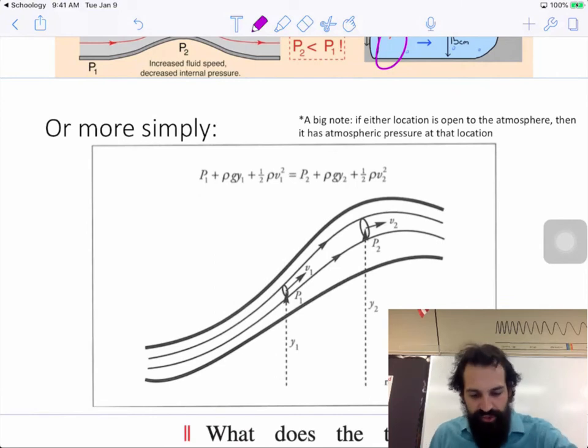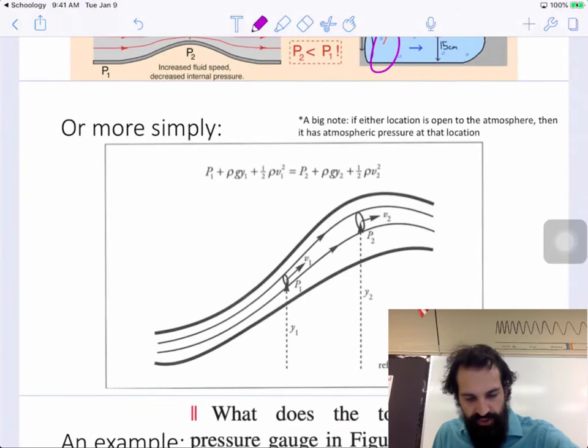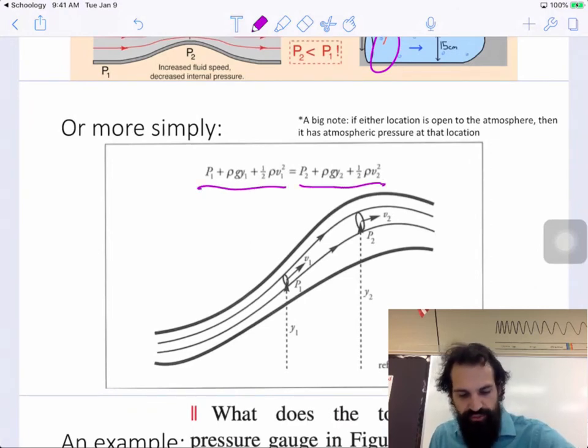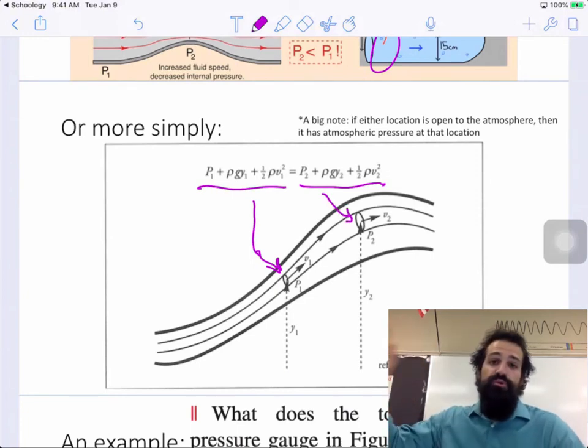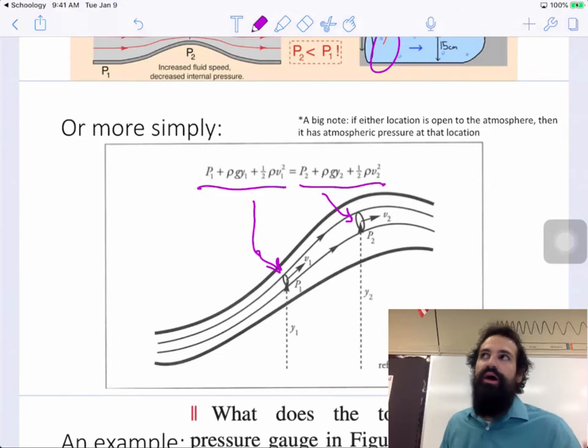Now here's that same equation more simply. Total pressure equals total pressure. That's at point 1 and that's at point 2. So you can pick any two locations in a pipe and apply this equation.